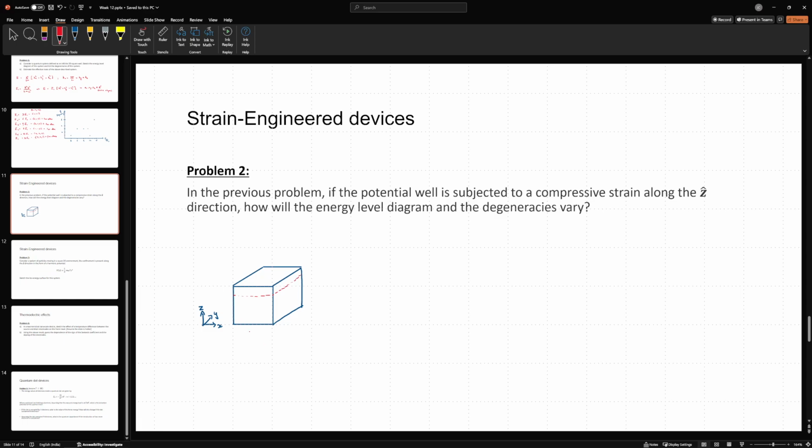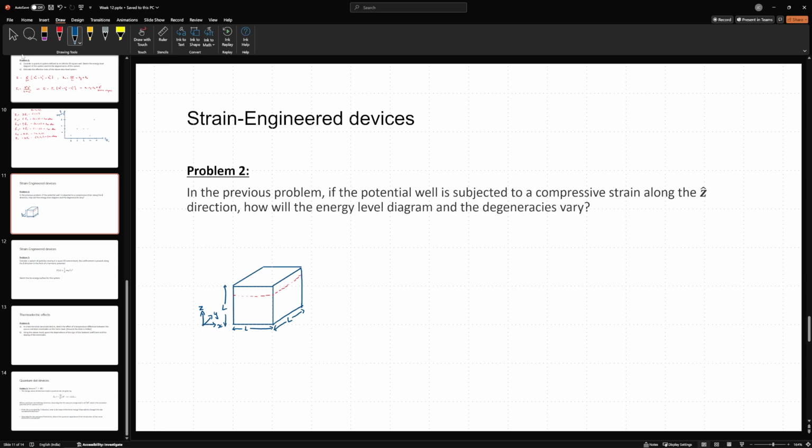So initially I had a length of L. Let me dimension this correctly. So I have a length L over here. Although it doesn't look like it, I have another length L over here, and then let us say this length is also L.